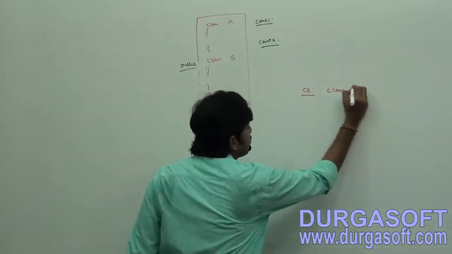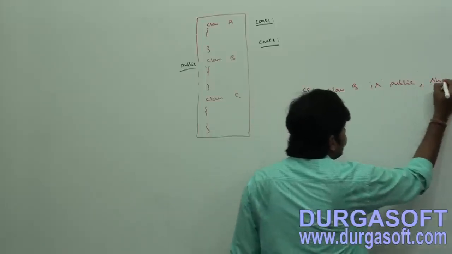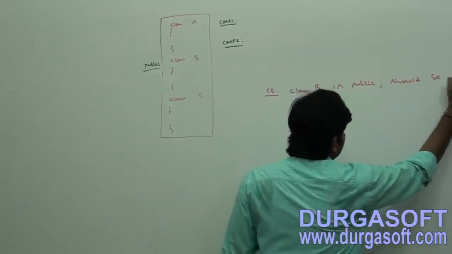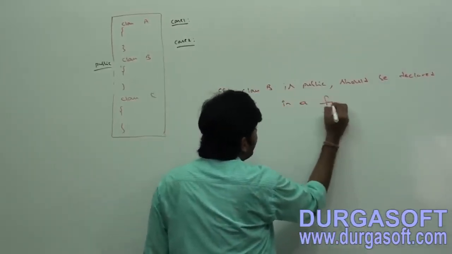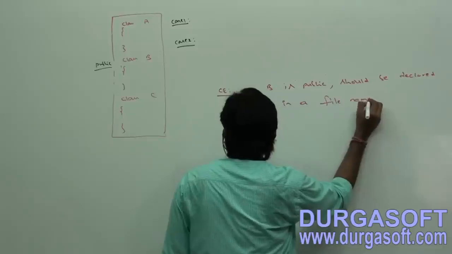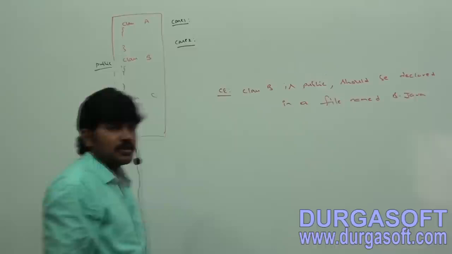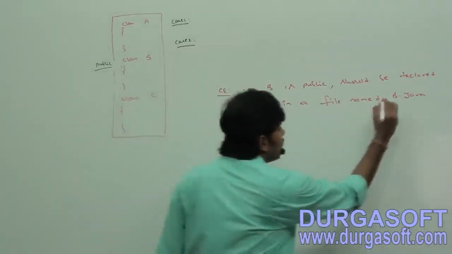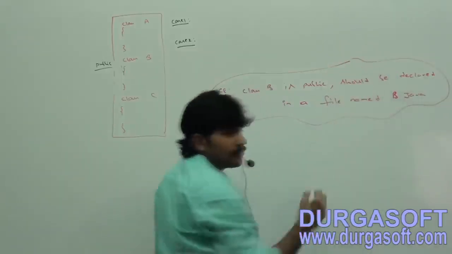Class B is public, should be declared in a file named B.java. This is the compile time error we are going to get by default.